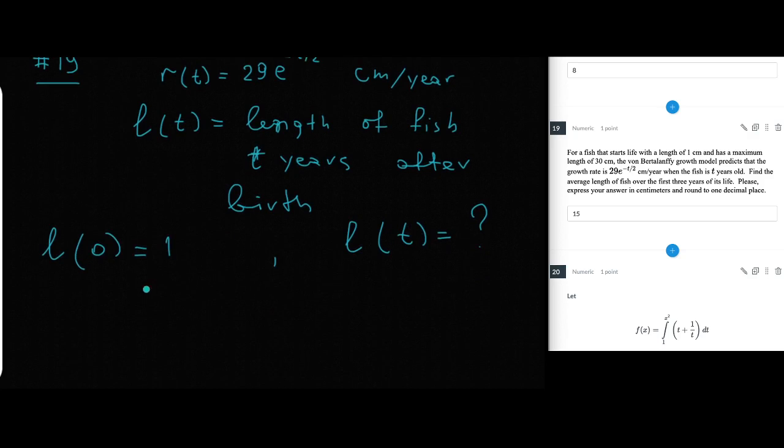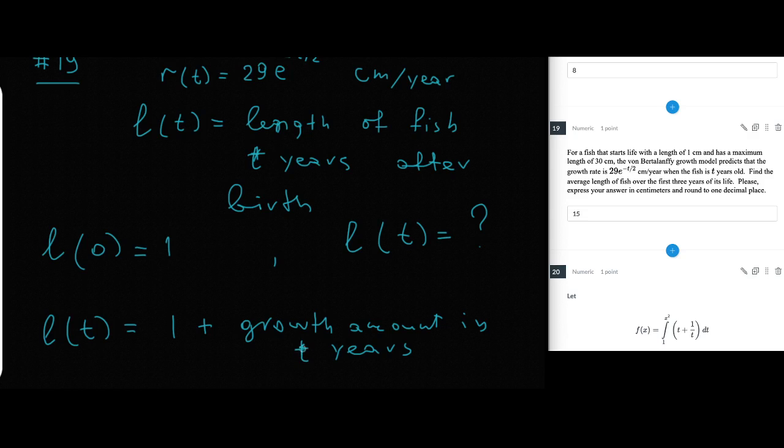Well, after t years since birth, the length of fish will be 1 centimeter that it started with, plus whatever additional length that it acquired in t years, plus growth amount in t years.